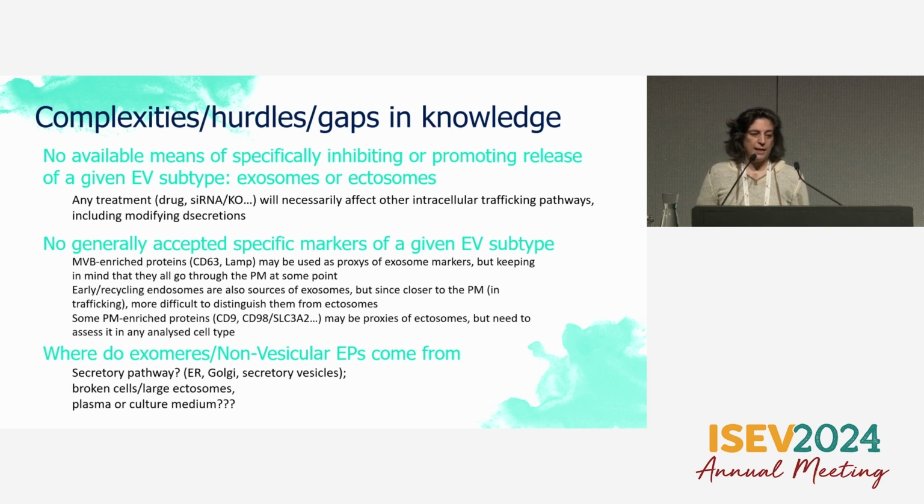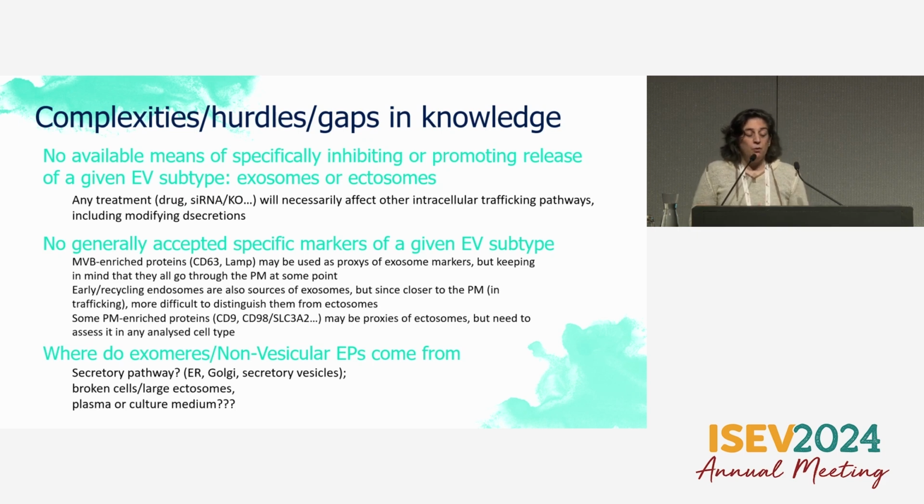And again, for the ectosomes, the plasma membrane-derived EVs, there are maybe some more specific markers than what's been used so far. CD9 is more enriched on ectosomes than on exosomes, and we have identified other molecules like CD98, which is possibly a proxy of ectosomes, but that needs to be verified in other cell types.